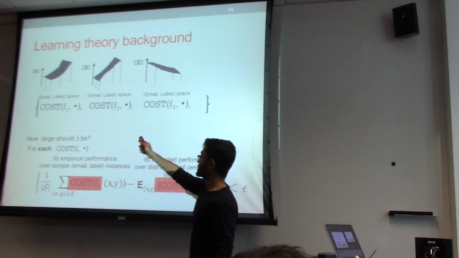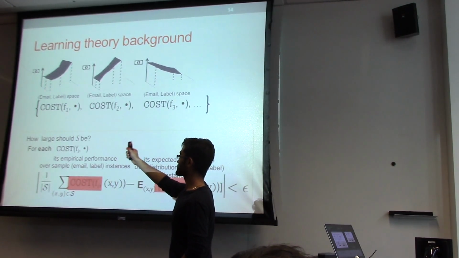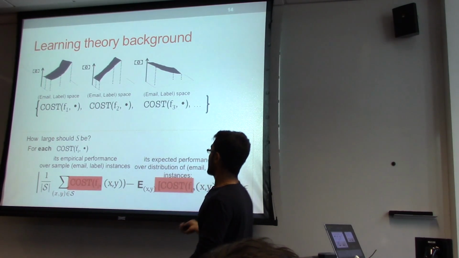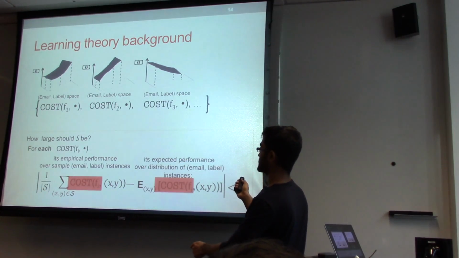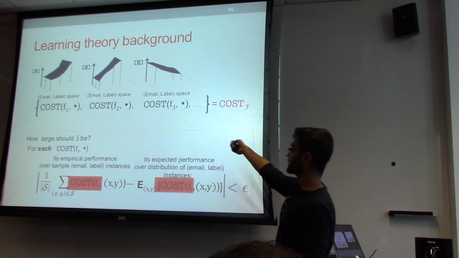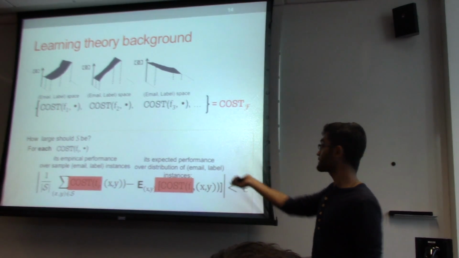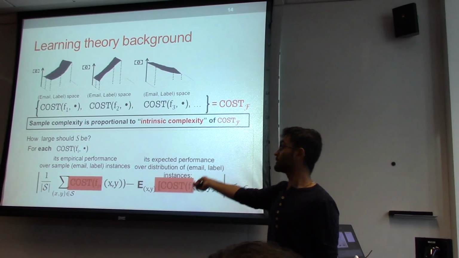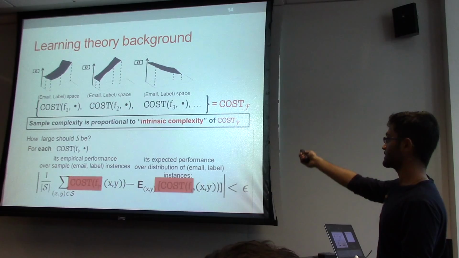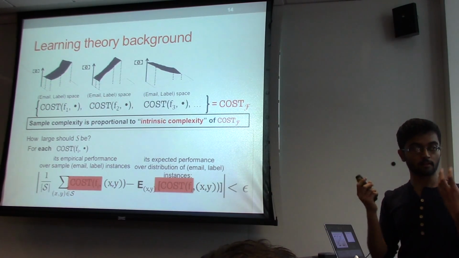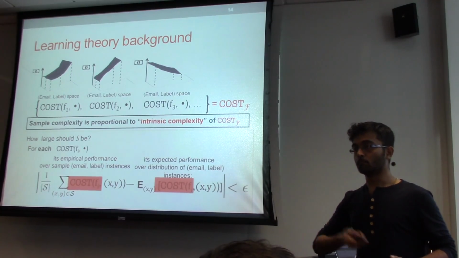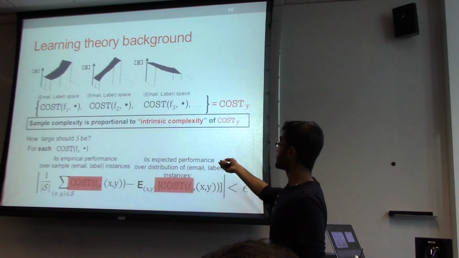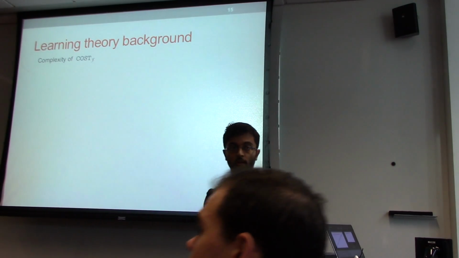So if I define the set of all functions, so this cost, which is nothing but the cost instantiated for each input-output mapping, and if I have this notion of complexity for that class, so let me call the class cost sub F for the sake of convenience, what learning theory tells me is that the sample complexity needed for generalization over here is in fact tied to the intrinsic complexity of this object, which is an interplay between the cost function and the set of all mappings that I'm working with. Okay, so let me define what I mean by the complexity of cost sub F.